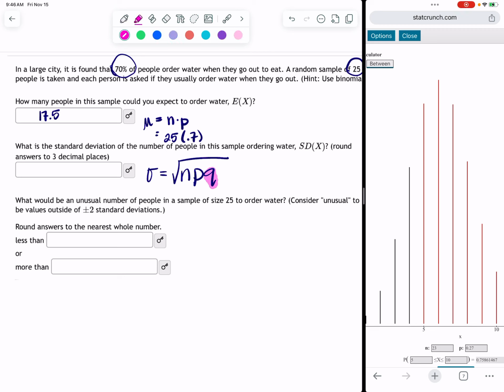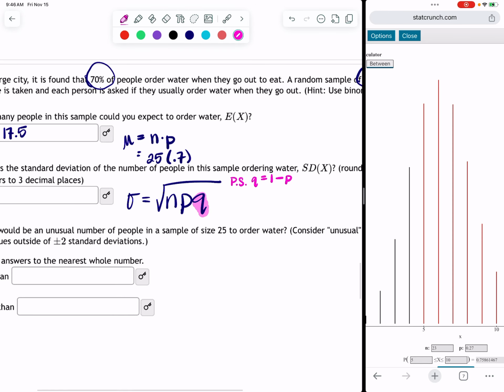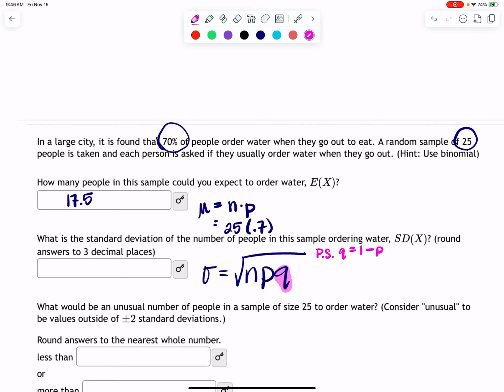This pesky Q is the problem. But also on my formula chart is a note that says Q is 1 minus P. Well, that's awesome. This time I'm going to pull up Desmos on my iPad so you can see me plug it in.